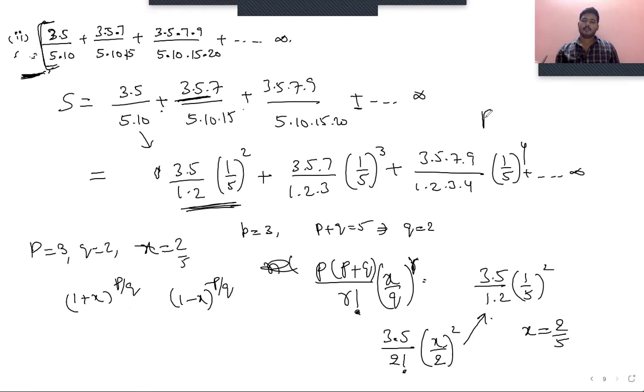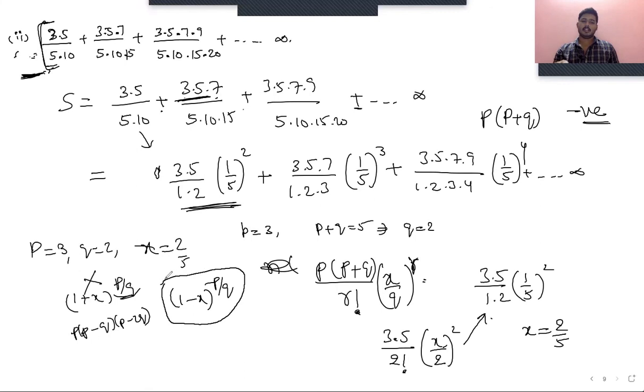It's in the form of p into p plus q. It will only come when the index is negative. So this positive case can also be cancelled because here the index is positive. The coefficient should be coming as p into p minus q into p minus 2q, something like this. But here we are getting p into p plus q into p plus 2q. So it will be this option. This is what we concluded this infinite series is looking like.